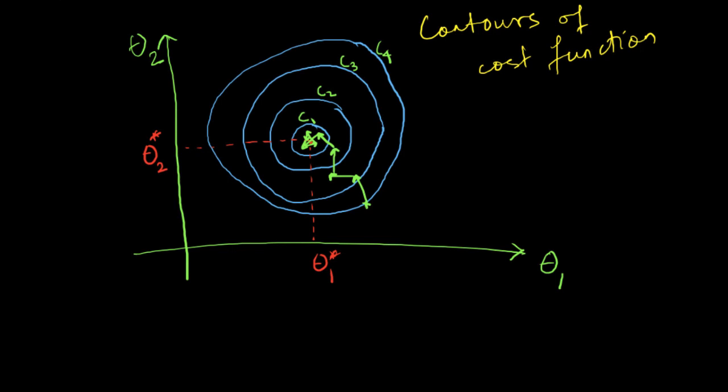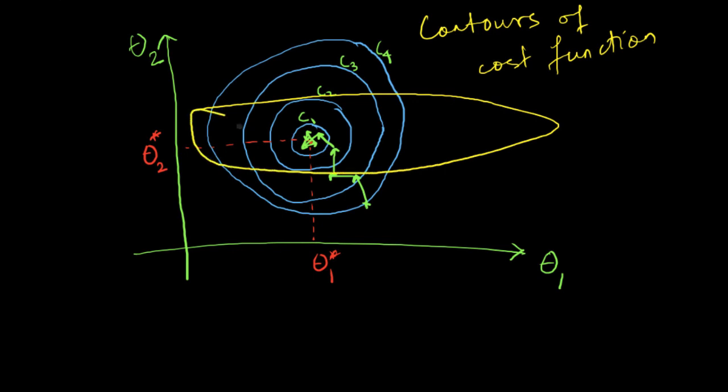But now instead of these contours being of almost circular shape, although I know it doesn't look like a circle, but they are of similar dimensions, let's say that your contours were very skewed. So let's say one contour was like this, another contour was like this, another contour was like this.